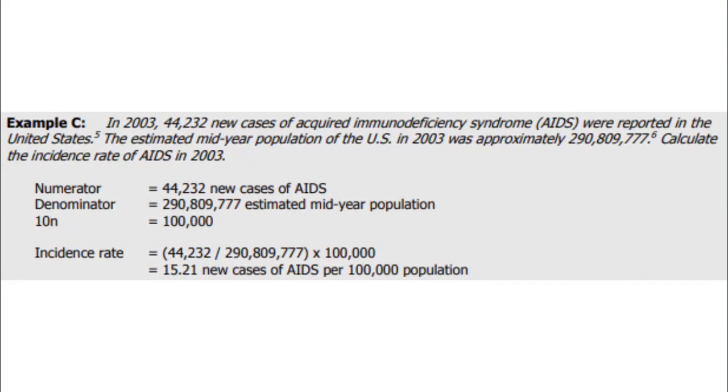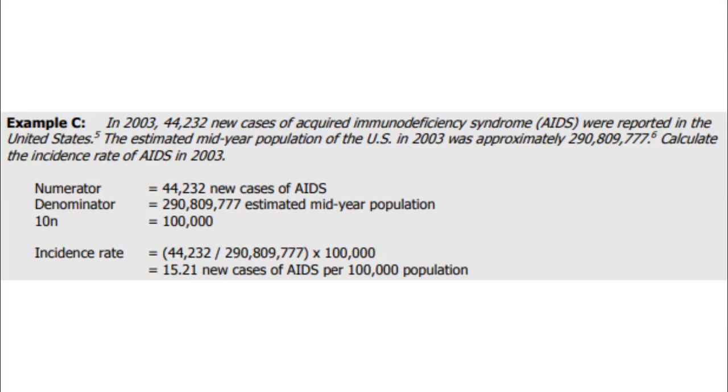So again, how do we compute for your incidence rate? We need to compare the number of new cases, who got the infection, who got ill, with that of the total number of people or the entire population at that specified time.